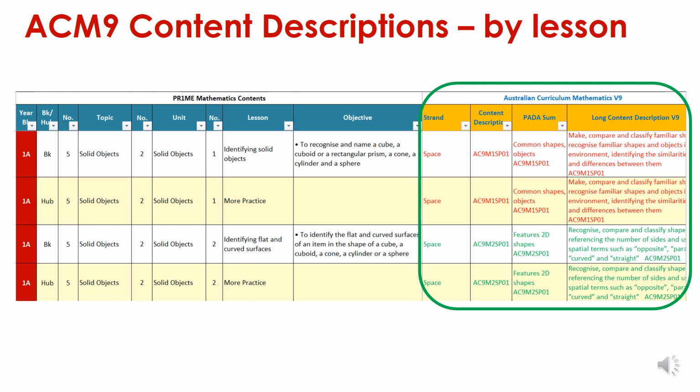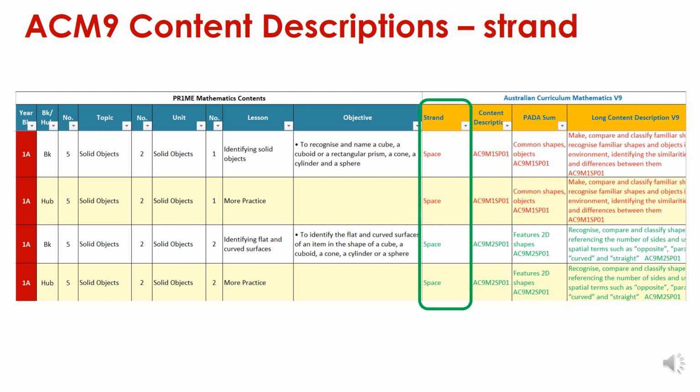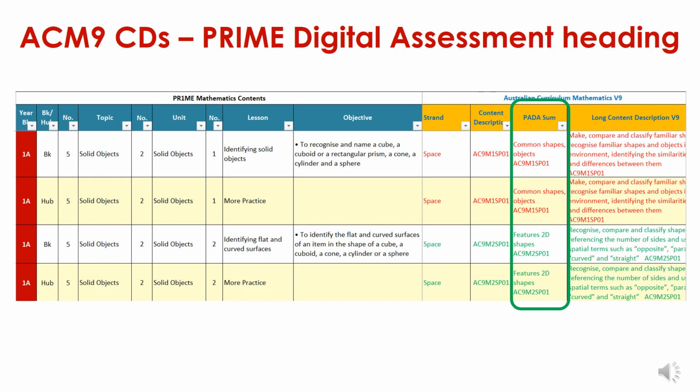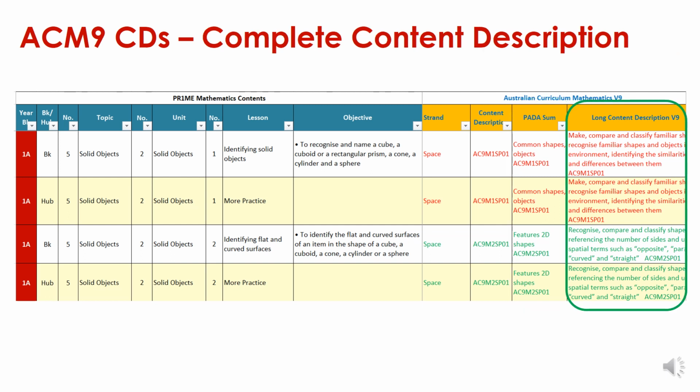When you scroll across from the Prime lesson details, you come to the Australian curriculum references. First, the strand, then the content description code, a summary heading used for Prime digital assessment, and finally the complete content description.